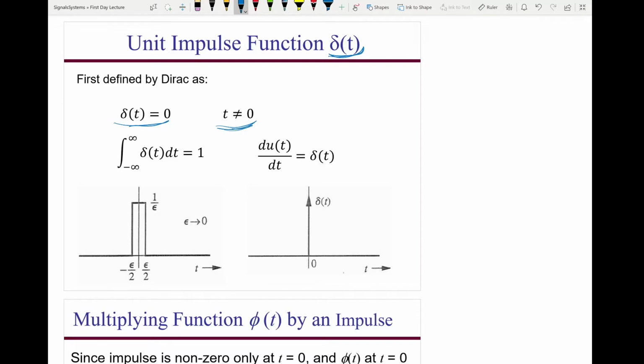And in real life, this impulse, which looks like this, if you create it using gates and flip-flops, it basically gives you a pulse, a voltage for 1 nanosecond. So this width becomes very small until it's almost 0. Then the area here is always 1. So as the width becomes 0, the height becomes very large. And we represent it by this arrow. And the area of the impulse is equal to 1.